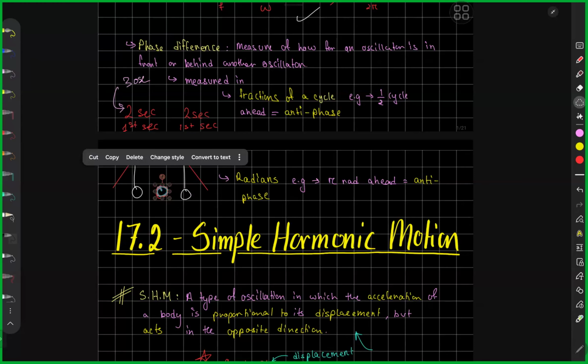Got it? So one moves right, one moves left. Now, in the second second, what happens? The bob on the right-hand side moves back to its initial position rightwards. And the bob on the left-hand side moves to its initial position leftwards.